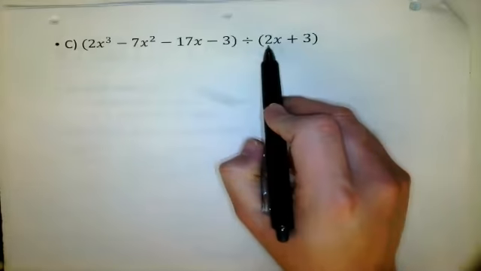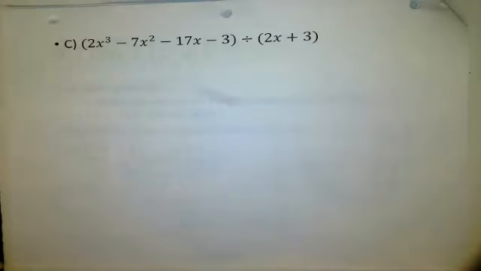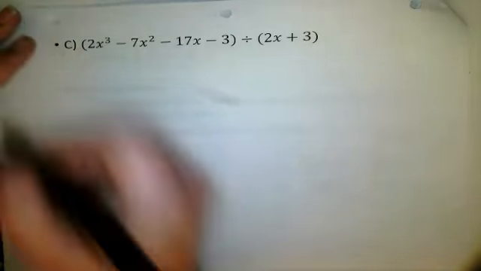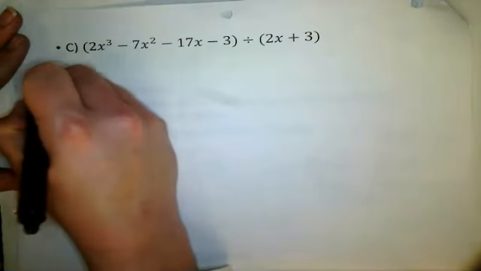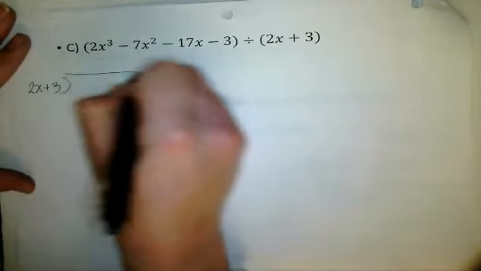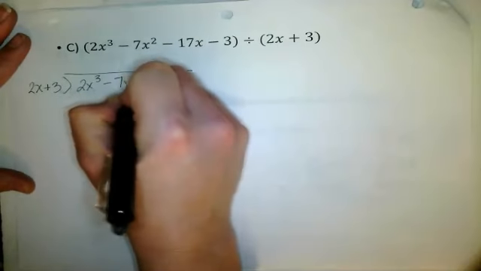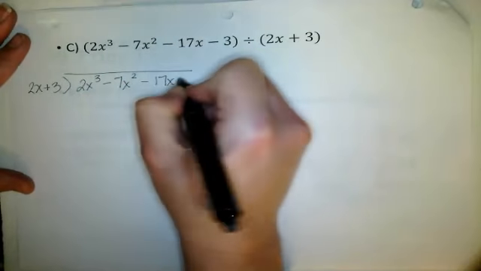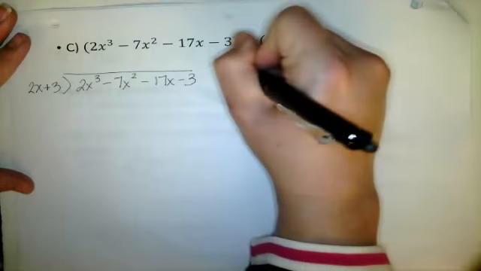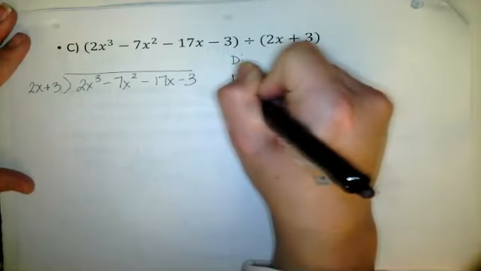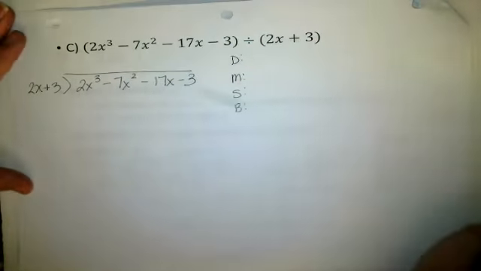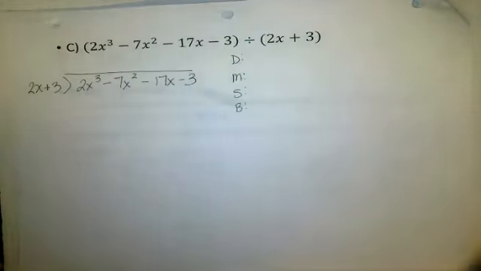Yeah, there's a 2 in front of the x. So might change things for you, but it's the same exact process. So my divisor is 2x plus 3, dividing into 2x cubed minus 7x squared minus 17x minus 3. Divide, multiply, subtract, bring down. Divide, multiply, subtract, bring down.